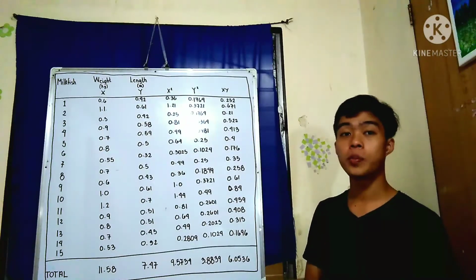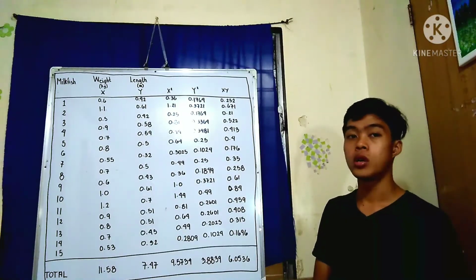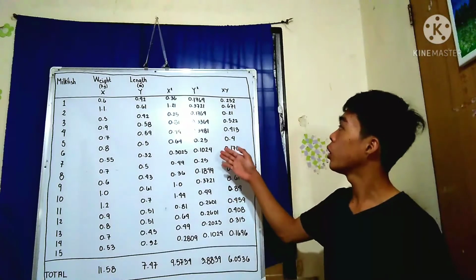And the last, 0.32 squared is 0.1024. So that is how we get our y squared.